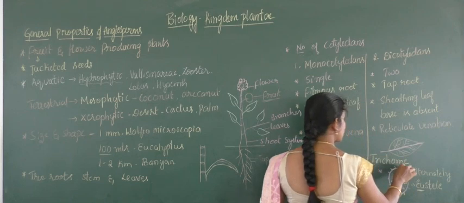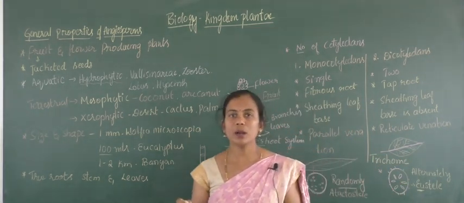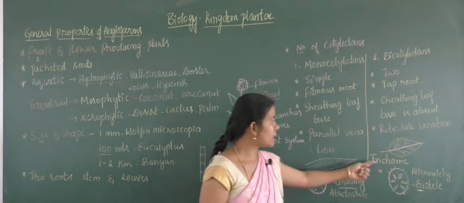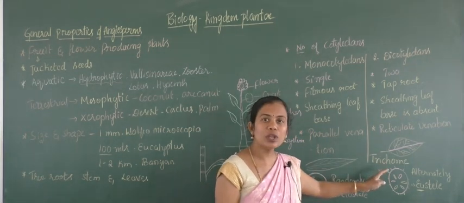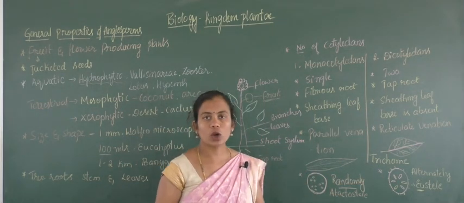The hair-like structures which are growing on the epidermal layer are called trichomes, which are present as a unique property of dicotyledons, but are absent in monocotyledons.